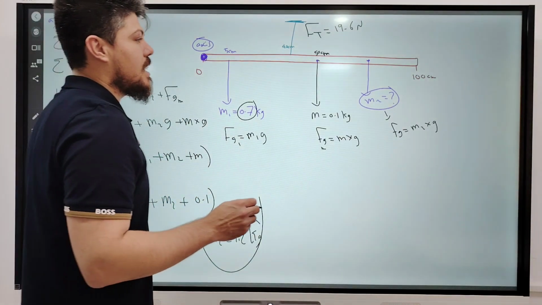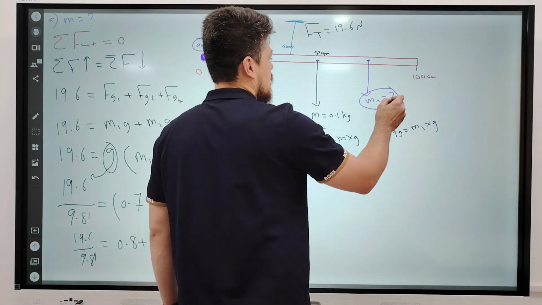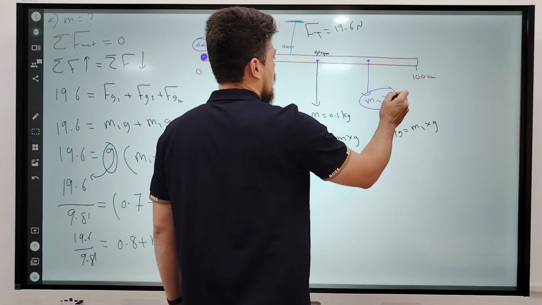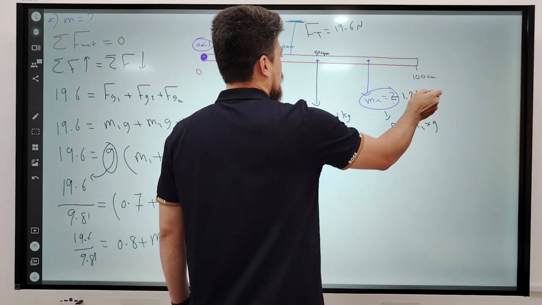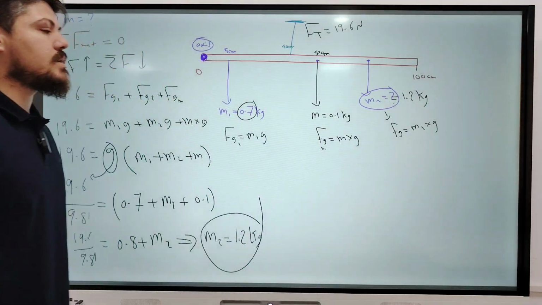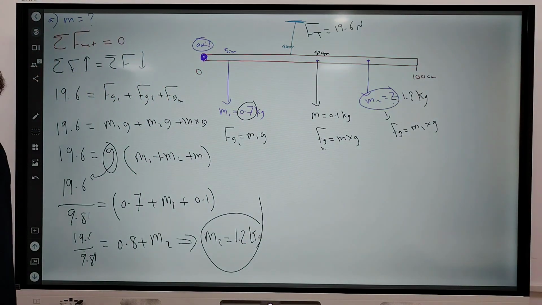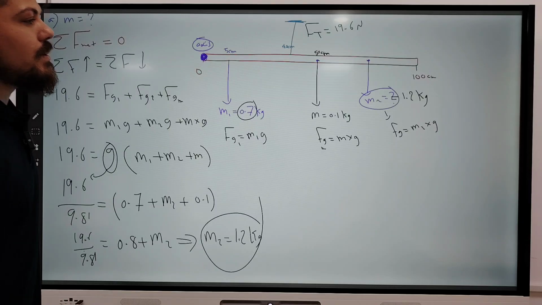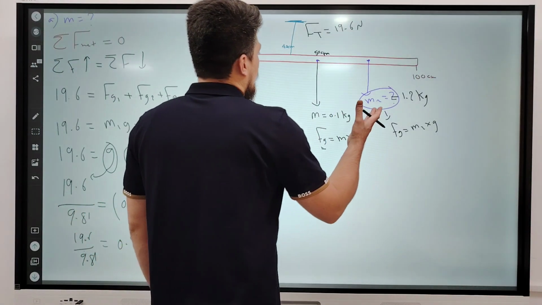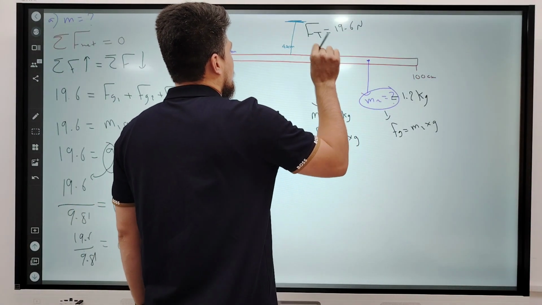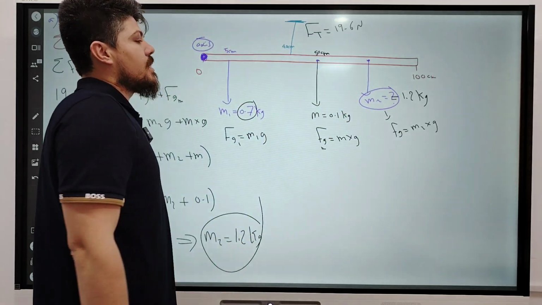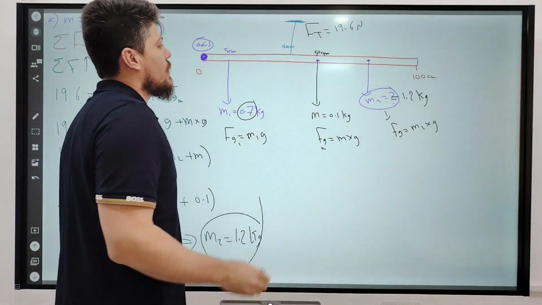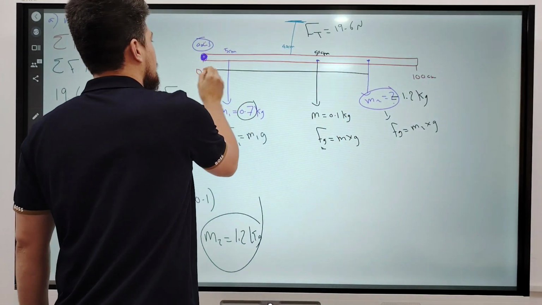So the mass suspended by the meter stick is 1.2 kilogram. This is the mass of the object suspended by the meter stick. But in this question we don't know at which position exactly the second mass is suspended, so we have to find this distance.